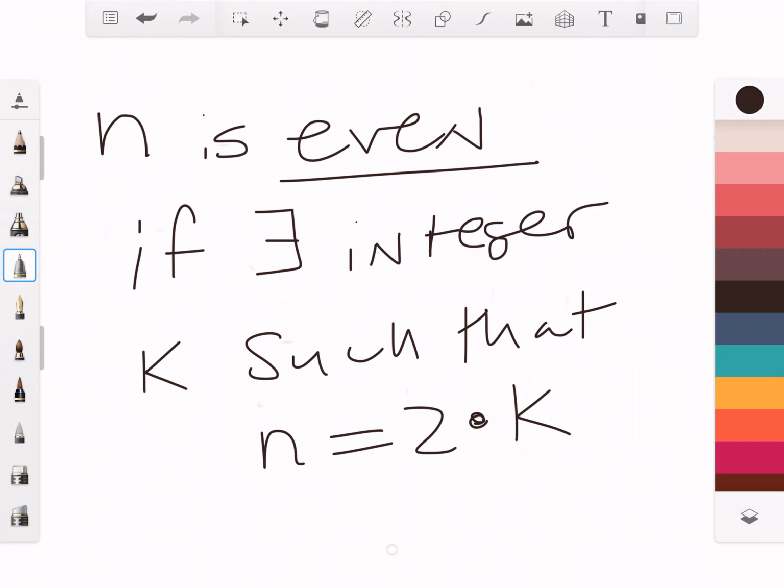All right, and we see why this is the right way of thinking of it, because as we saw with the table, all even integers can be written as 2 times some integer.